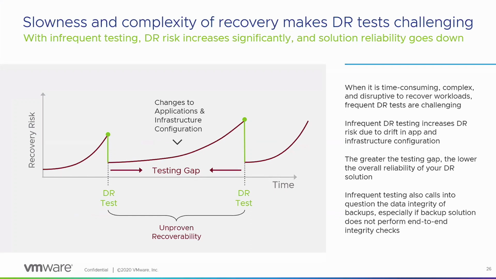And then a quick word on how the slowness and complexity of recovery make DR testing challenging. All of the things I talked about in the last few minutes, recovery being slow or the operational inconsistencies introduced by failing over to a non-vSphere environment, disincentivize frequent DR testing.